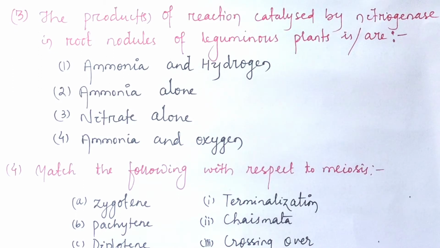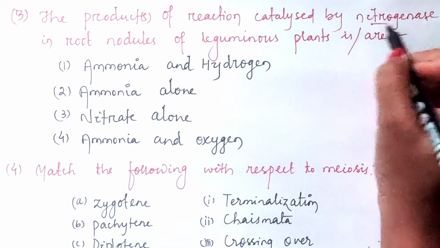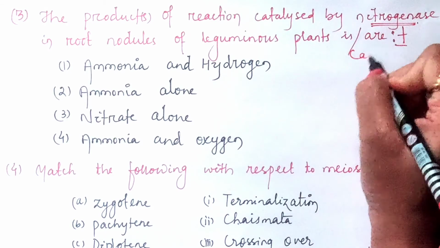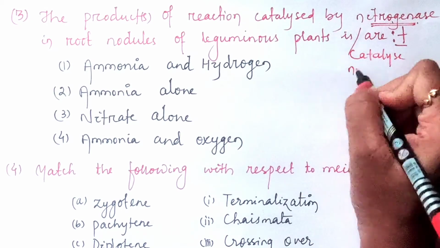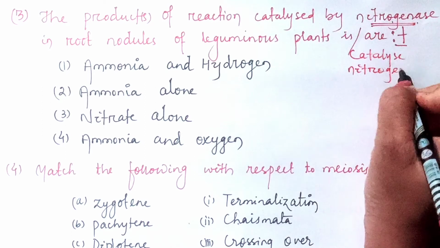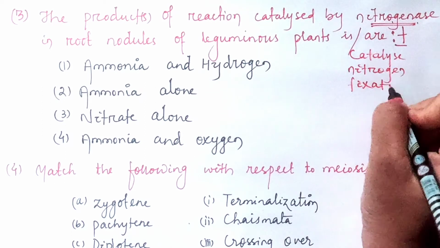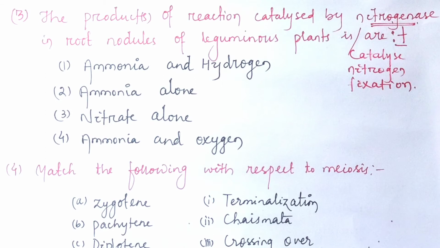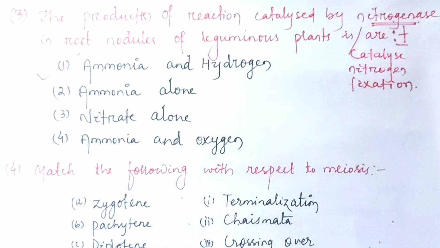So nitrogenase is an enzyme responsible for catalyzing nitrogen fixation, and in this reduction of nitrogen to ammonia occurs, and this process is important to sustain life on the earth. So the correct answer is ammonia and hydrogen.